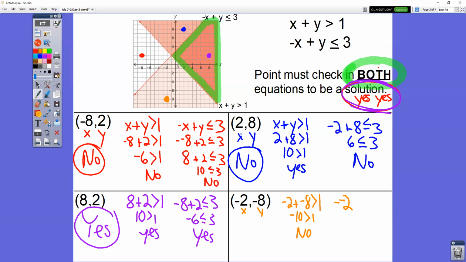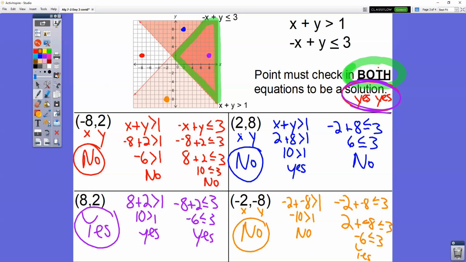Now remember, the negative of a negative is a positive, so that's really positive 2, plus negative 8 is less than or equal to 3. 2 plus negative 8 is negative 6. Is negative 6 less than or equal to 3? Yes, it is. So I have one no, I have one yes. That makes our final answer a no, because it has to check, like this purple one, for both equations for your final answer to be a yes.